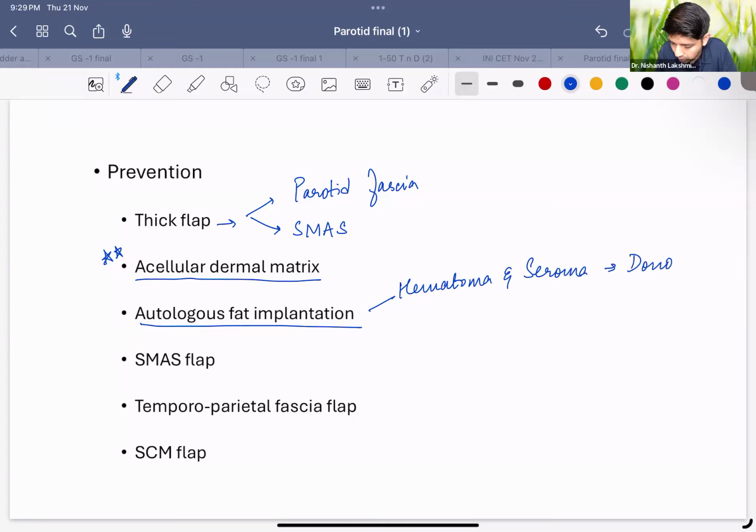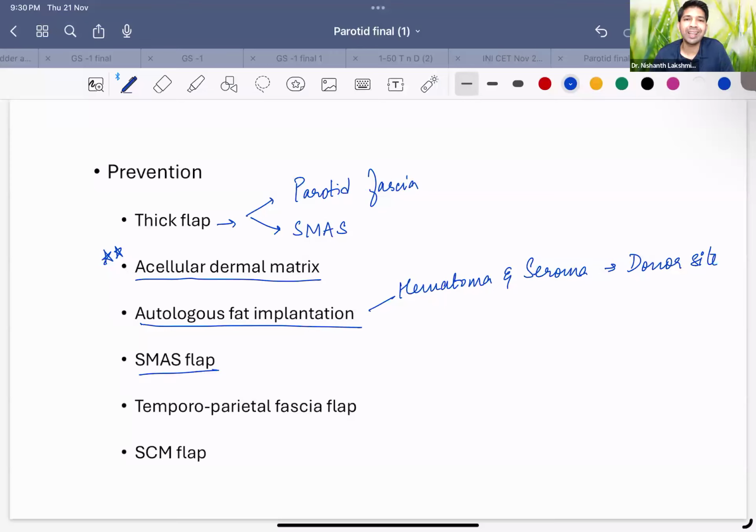If you can replace the same thing by putting an acellular dermal matrix, it is a described technique, but people don't prefer it because using an acellular dermal matrix is much easier as compared to removing or sucking fat. Basically you try to do a sort of liposuction from one end and put it into your operated field.